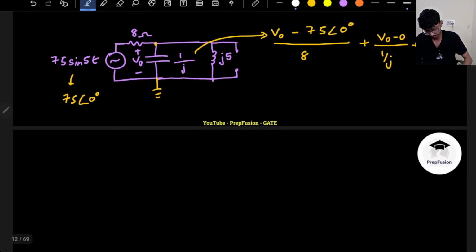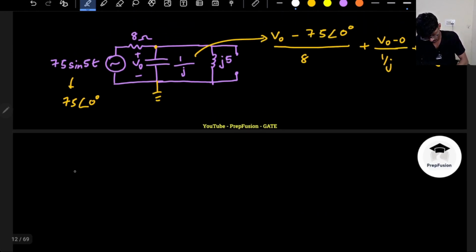So this is equals to 0, right? The KCL. So this is v naught dash basically. So I'm not exactly calculating v naught, I'm calculating v naught dash basically. This is the effect of only the 75 volt source.